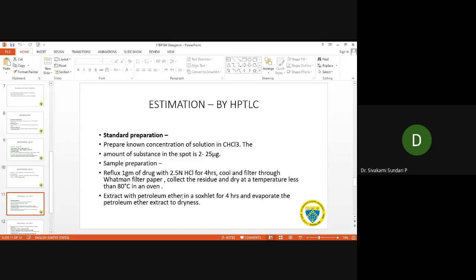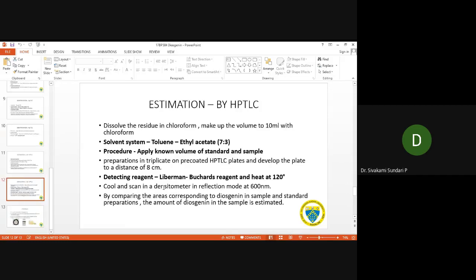Extract with petroleum ether in a Soxhlet for 4 hours and evaporate the petroleum ether extract to dryness. Dissolve the residue in chloroform and make the volume up to 10 ml with chloroform.